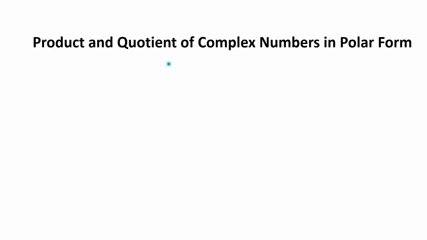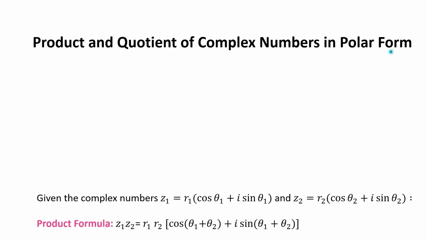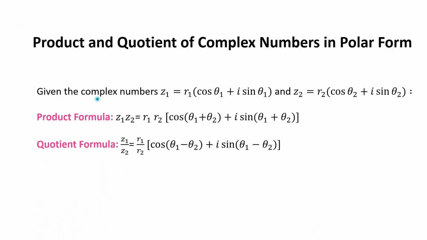Now the product and quotient of complex numbers in polar form. Suppose we are given two complex numbers z1, which is r1 (cos theta 1 plus i sin theta 1), and z2, which is r2 (cos theta 2 plus i sin theta 2). Then we have the product formula, where we multiply the two complex numbers: z1 times z2 becomes equal to r1 times r2 times (cos of theta 1 plus theta 2 plus i sin of theta 1 plus theta 2).